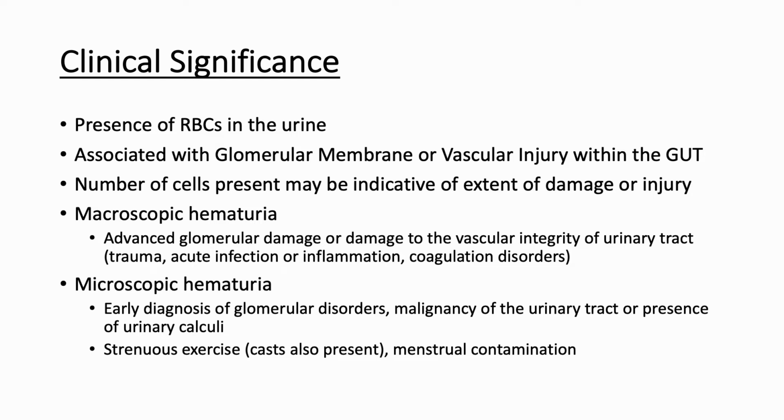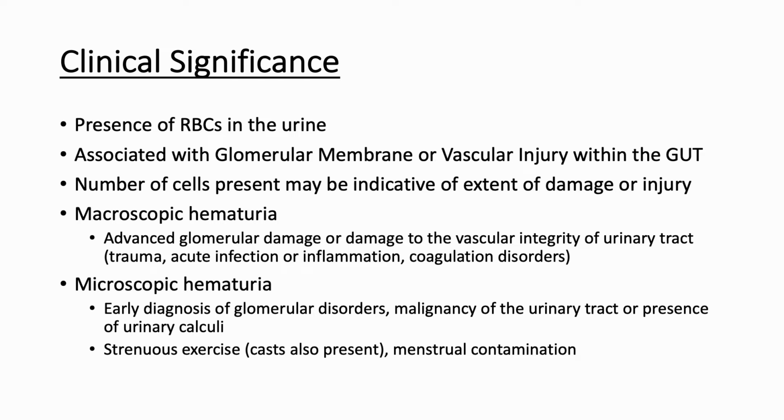So the clinical significance of the presence of red cells in the urine may be associated with glomerular membrane or vascular injury within the genitourinary tract, and the number of cells present may be indicative of the extent of damage or injury. And macroscopic hematuria is associated with advanced glomerular damage or damage to the vascular integrity of the urinary tract, like in trauma, acute infection or inflammation, or coagulation disorders.